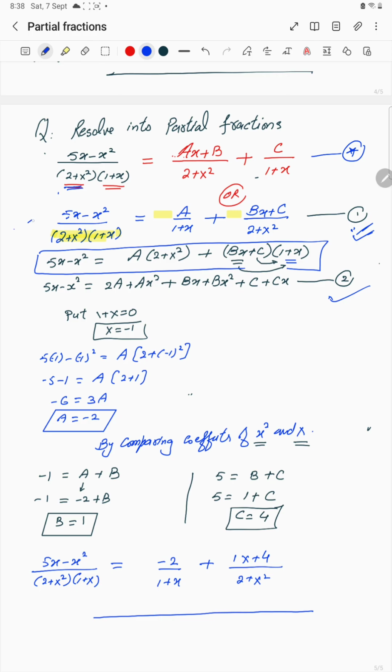As we took it from here, but you can do it in any method, the answer will be right. It will not be wrong. But whichever equation you start from, the star equation or equation 1, keep that in mind, find the unknowns and replace them in that particular equation from where you started your simplification.